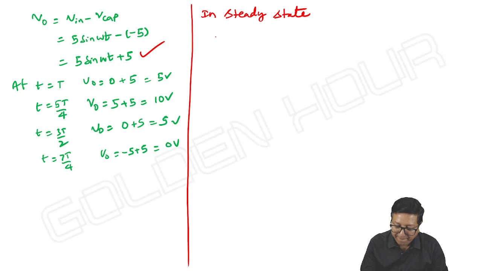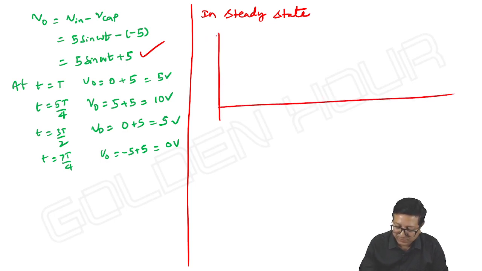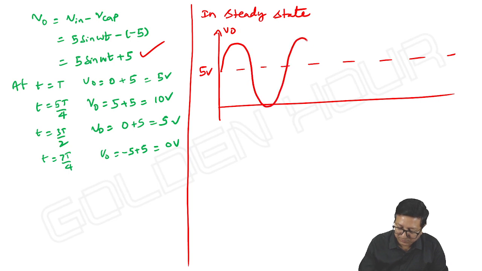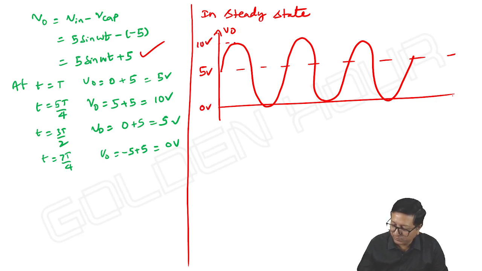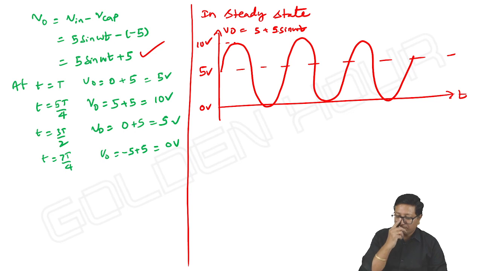In steady state, V output goes from 0 volts to 10 volts on the time axis. So it looks like 5 plus 5 sine omega t. So what we can understand, as it is looking like we added some positive DC to the given input, it is called positive clamper or negative peak clamper.